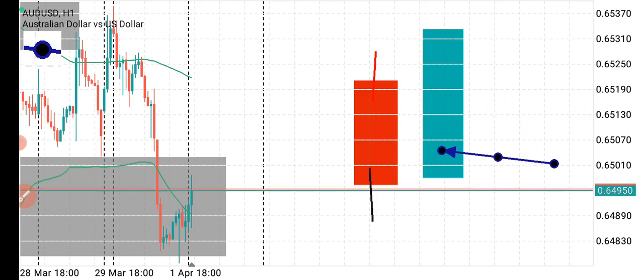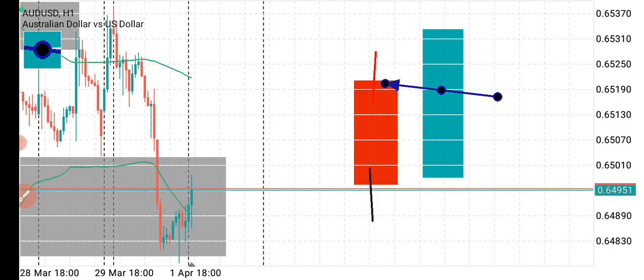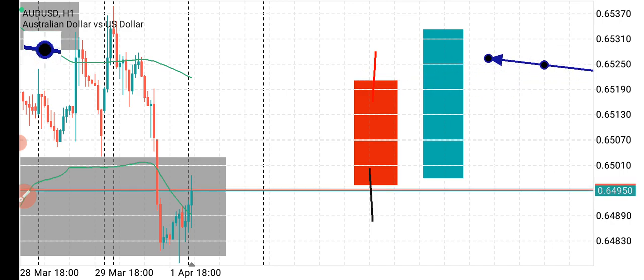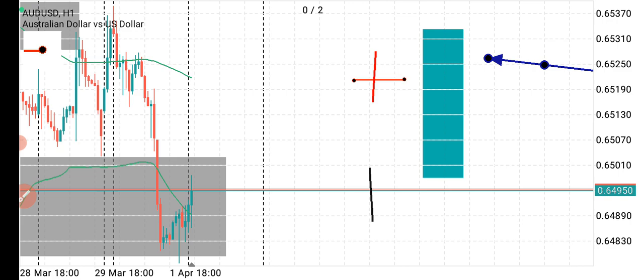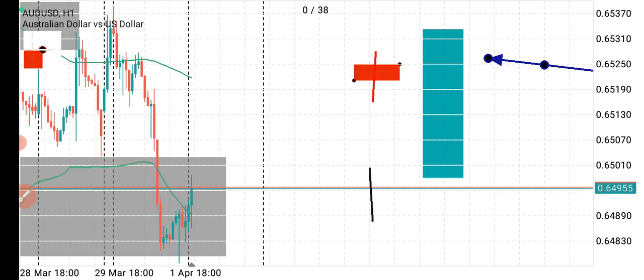So at this point, what it means is that this candle opens here, right? This particular candle opened at this point. And what happened? Buyers pushed the price up all the way to this point.